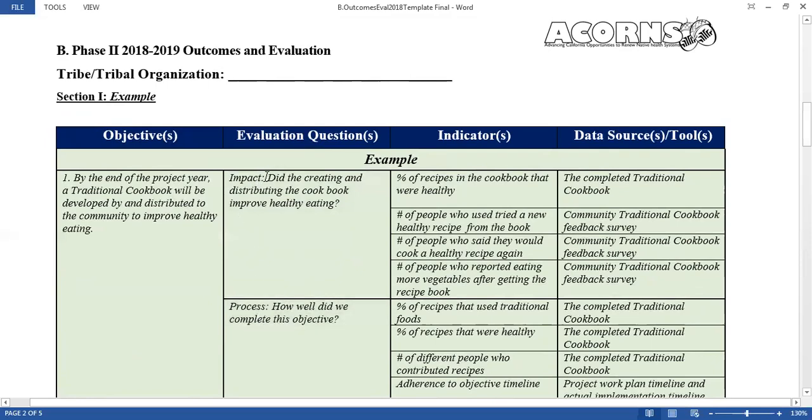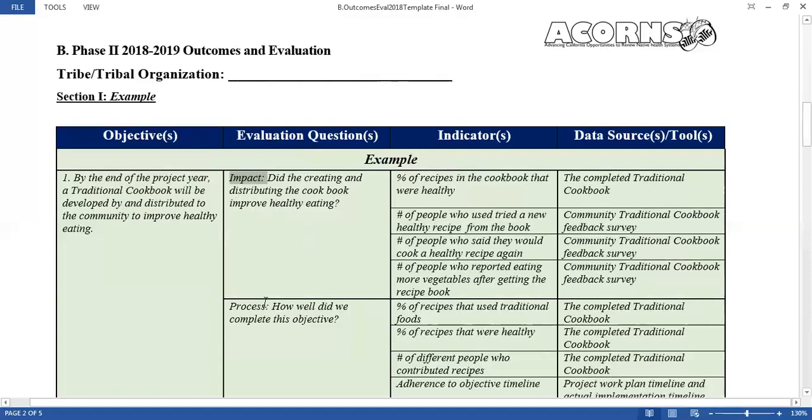Impact evaluation questions refer to the actual impact of your objective on the community. So if my objective is to improve healthy eating, my impact question might be, did the creating and distributing of the cookbook improve healthy eating? Did it actually accomplish, did it have the impact that we wanted it to have?